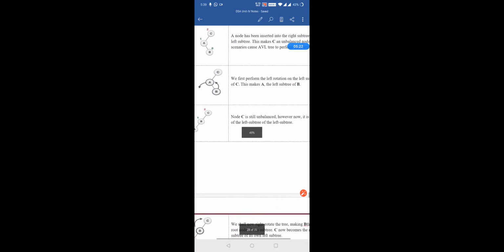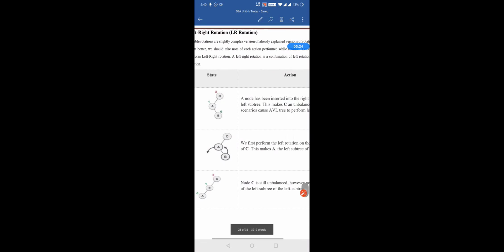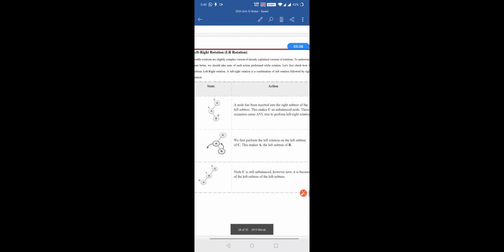So we have found out which is the unbalanced node. Now we will perform the rotations. How are the rotations performed? In such a way that A will be at the down level and B will be at the up level. Means we first perform the left rotation, which makes A the left subtree of B. And now node C is still unbalanced, but in a particular format.